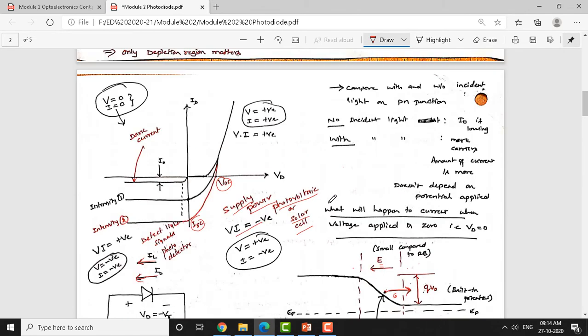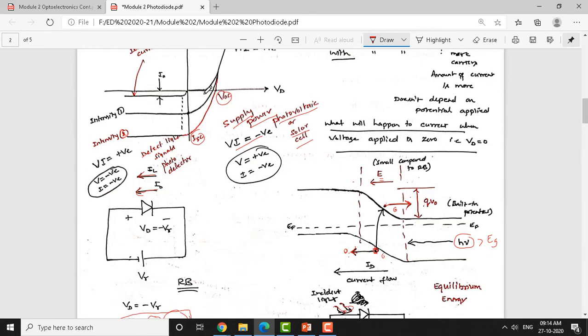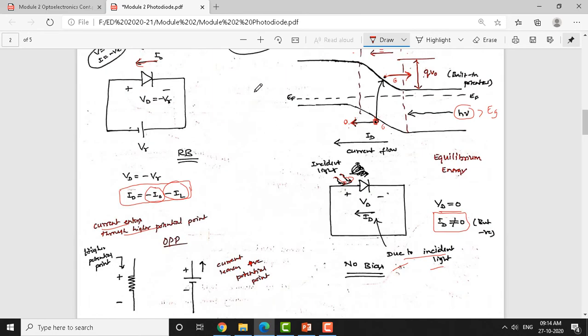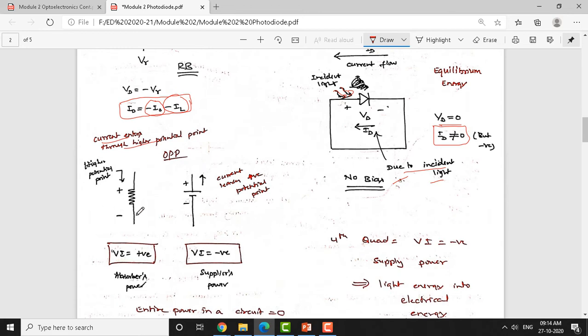Okay. And when it comes to the fourth quadrant, as I told you already, the fourth quadrant is nothing but the region of operation of a solar cell, because the VI product is going to be negative. To explain that, we have taken these two separate circuits. If you observe the resistor, through the resistor current flows from higher potential to lower potential.